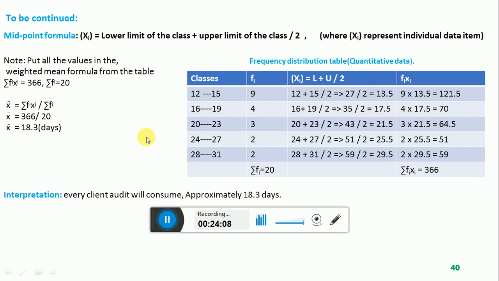So this is the mean value for the group data. Interpretation means that every university audit will consume approximately 18 days to complete. Again, in group data we cannot use the simple mean, because every data item carries a different weight.